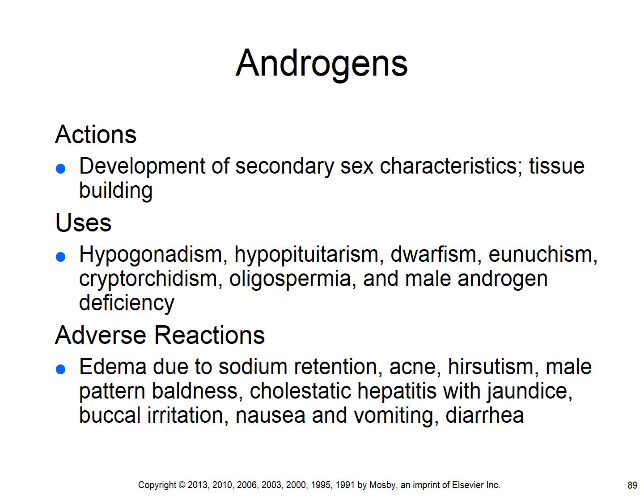They are used for indications that show lower functioning, such as male androgen deficiency or hypogonadism. Adverse effects that we have to monitor for are edema due to sodium retention and acne, which are unpleasant adverse effects that will lead to body image disturbances.